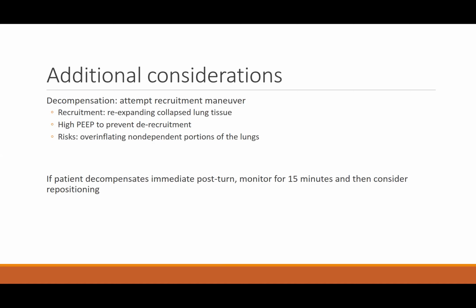Alternatively, if they have decompensated because their energy and oxygen reserve were depleted from the turn itself, and I turn around and immediately prone that person, I'm continuing to eat up more and more of their reserve.